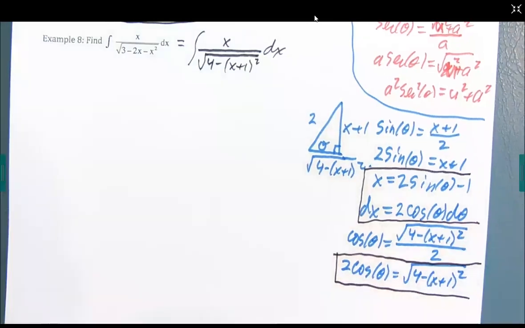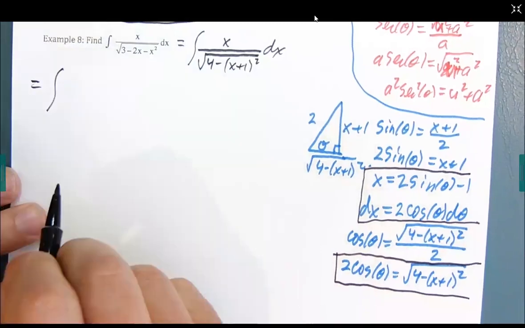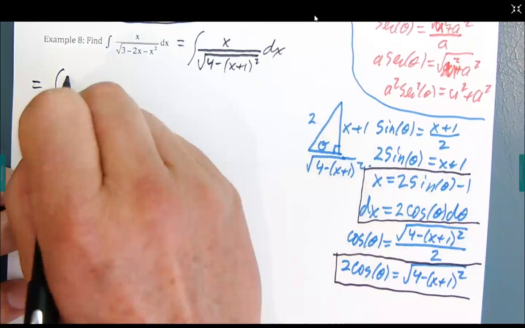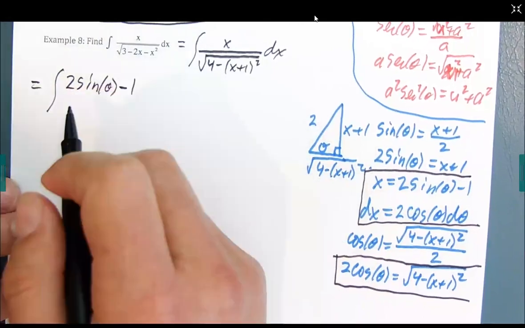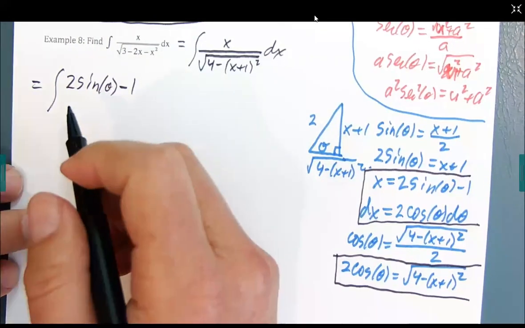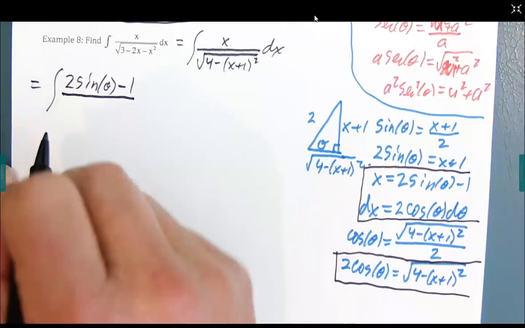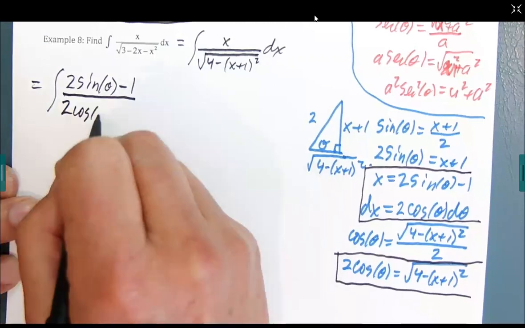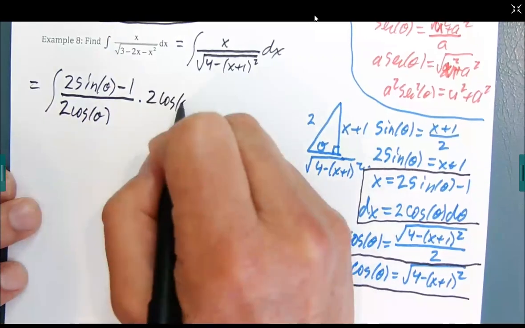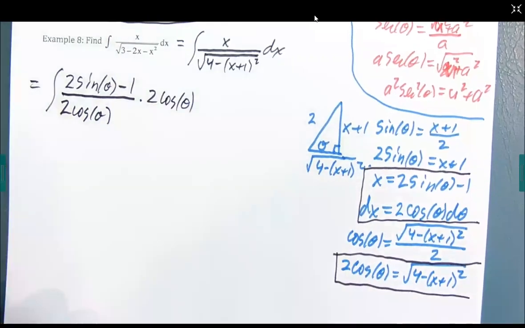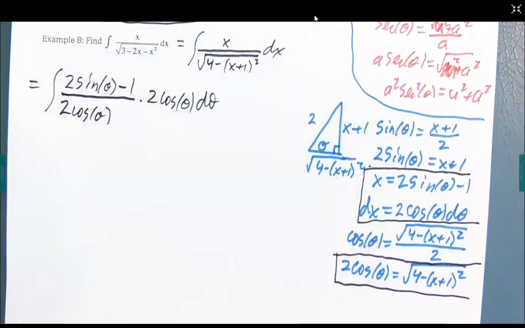So let's do this. Integral of 2 sine theta minus 1 over 2 cosine theta times dx, which is 2 cosine theta d theta. And I'm going to notice the 2 cosine thetas are gone.